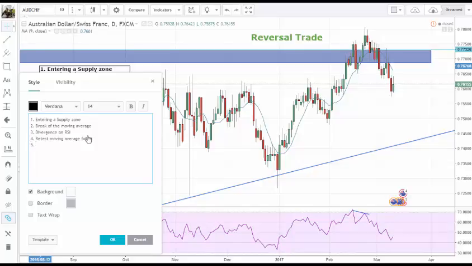Retest of resistance failed as well. And I see already a sixth clue, and that's price action, lower lows and lower highs.